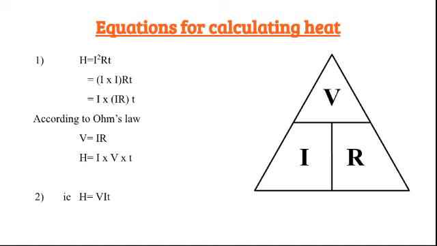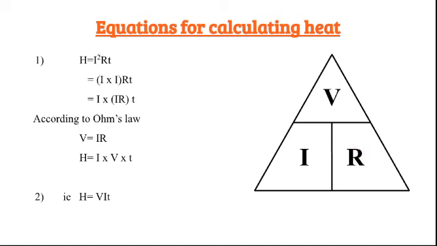For example, just cover V. So we are left with I and R in the second row. So you must multiply I by R in order to get V, voltage. If we want to calculate I, just cover I. Then there is V in the upper part and R in the lower part. So it must be read as V by R. And in order to calculate resistance, just cover R. So you have V by I.